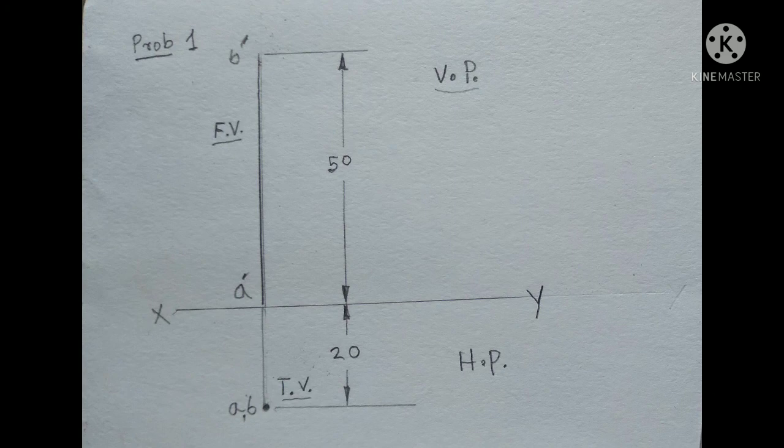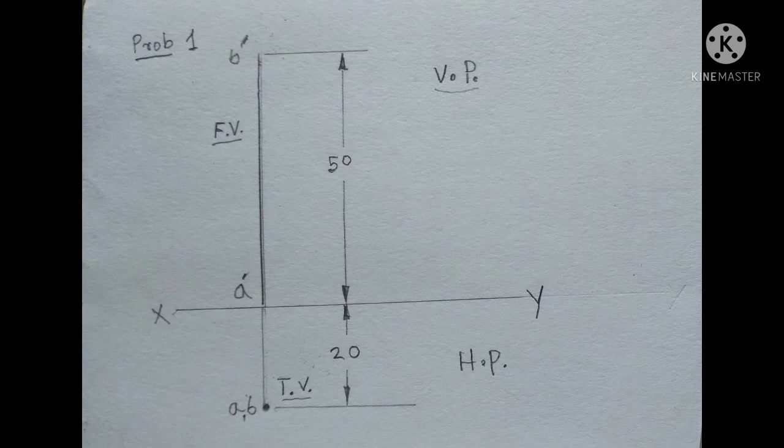Here study another important thing: the projection lines, dimension lines, and all the supporting lines are thin or light lines, except the front view. You see the front view, A dash B dash.